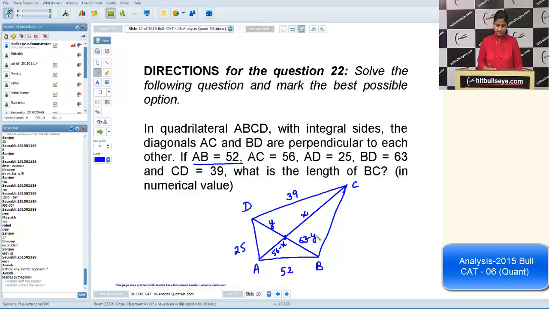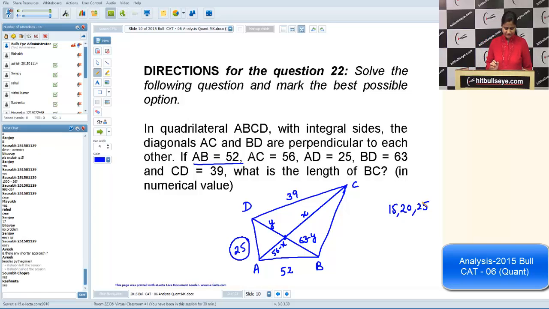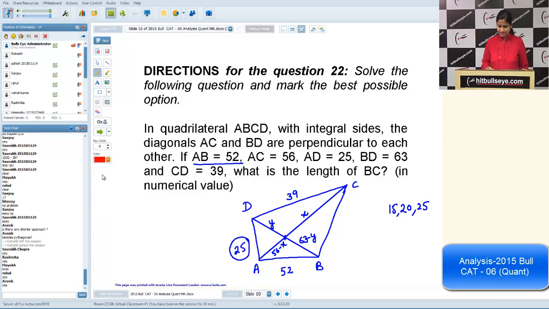So let us start. With 25, a Pythagorean triplet is 15, 20, 25. I don't know where to take 20 and 25, so randomly I'm starting with this as 20.